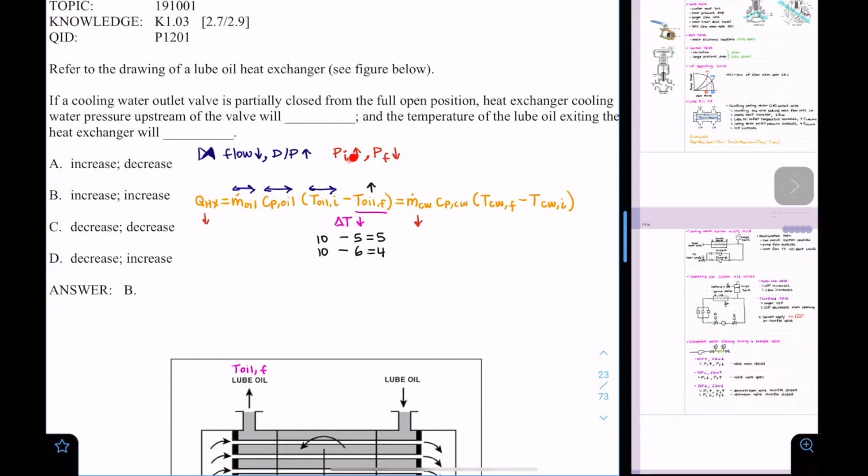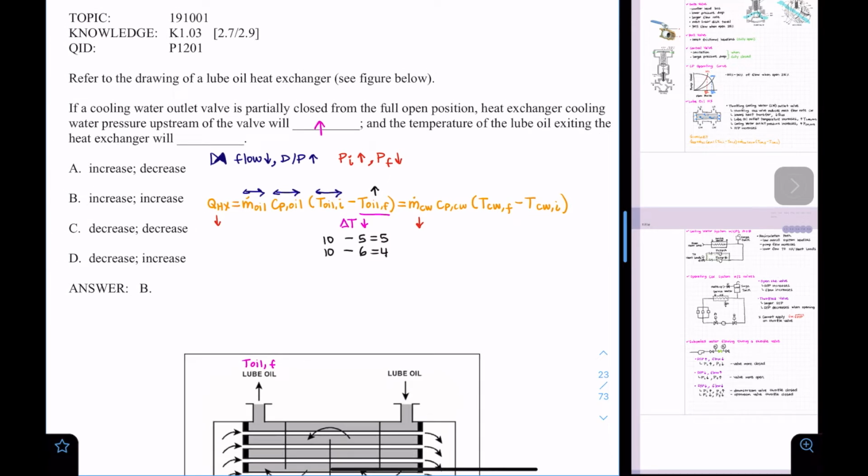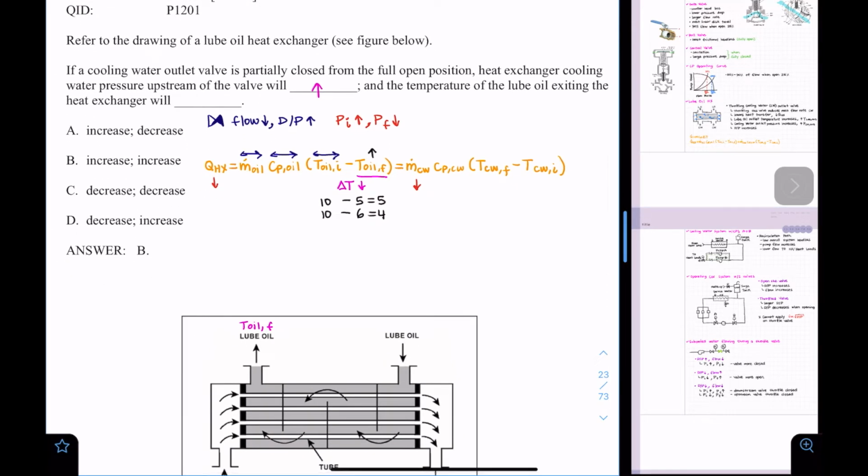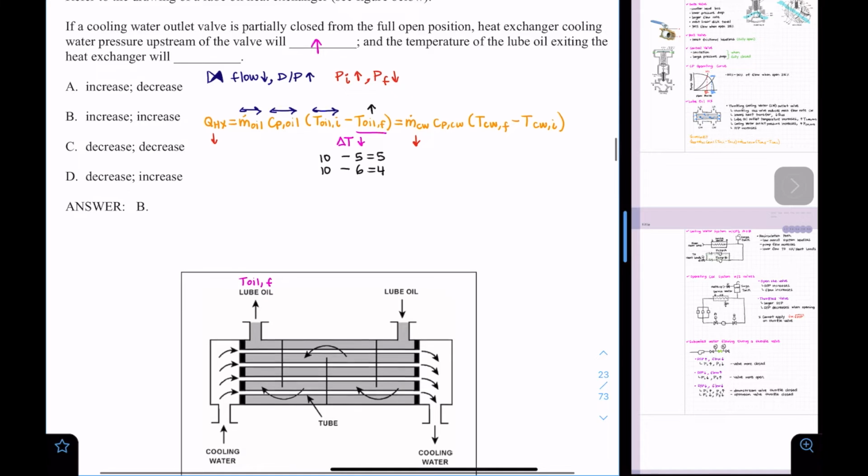I already have my answer. The pressure is going to increase. I'm increasing pressure.